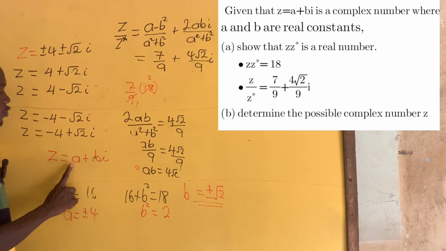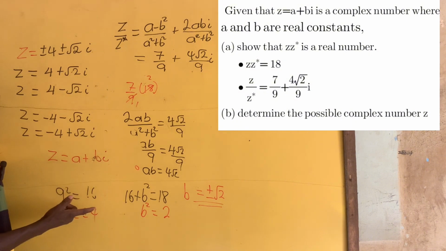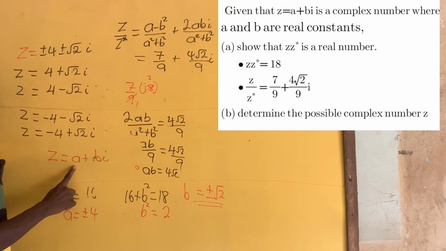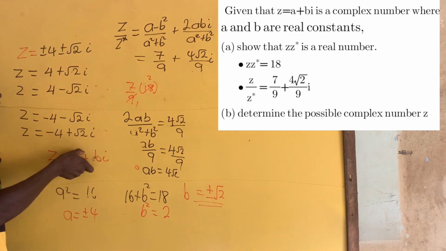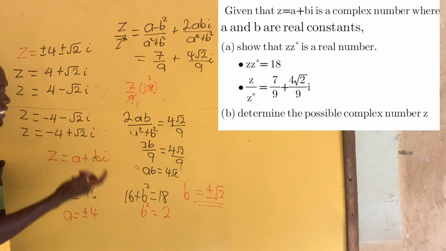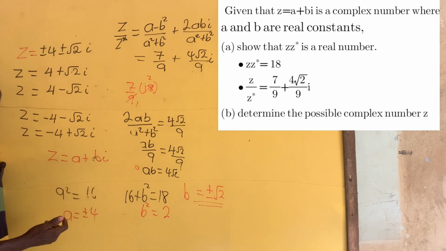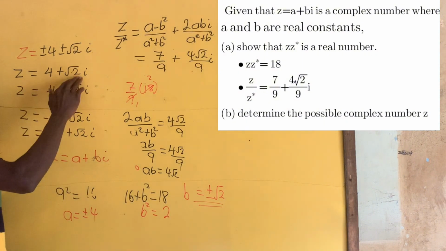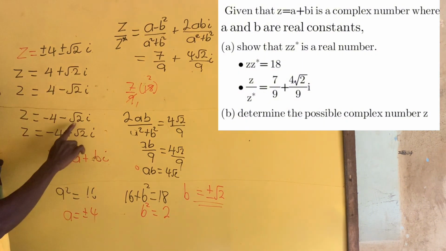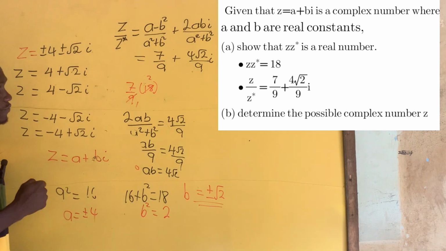We have a times b to be positive 4 root 2. So if we are to choose a and b, we have to consider what their product will give us. Okay, so we have these 1, 2, 3, 4. If we consider which one will give us a positive product, that is 4 root 2.